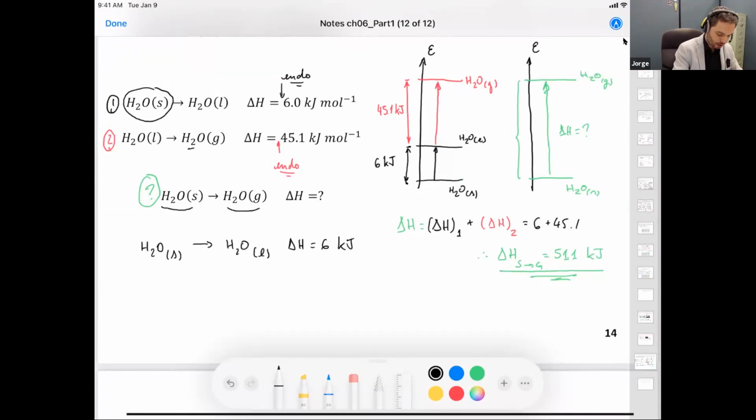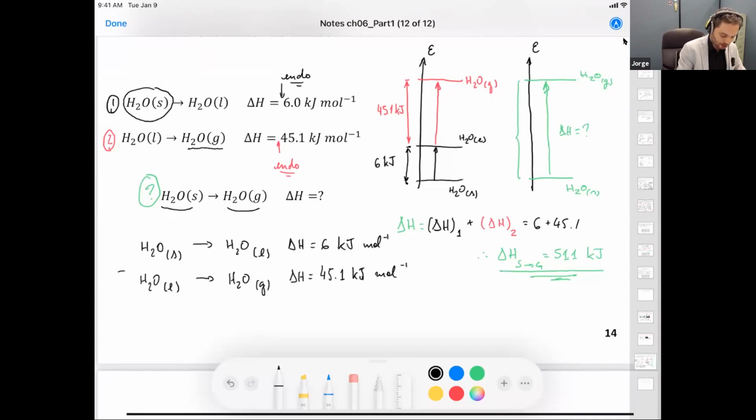Both have water in the gas state in the product side already, so we will keep the second reaction as it is. Water liquid going to water gas. And the delta H for this step is 45.1 kilojoules per mole.